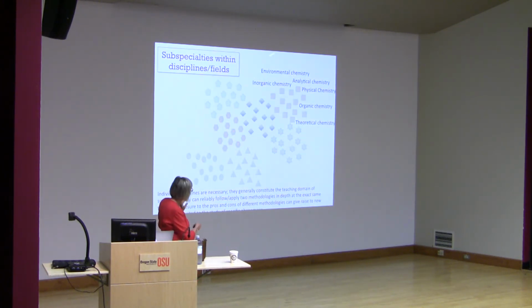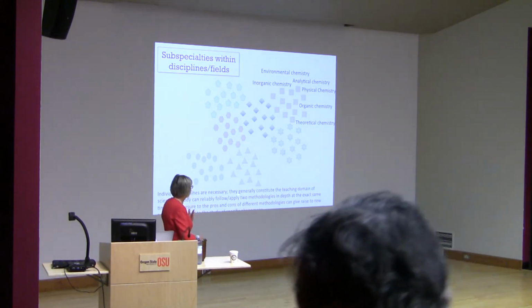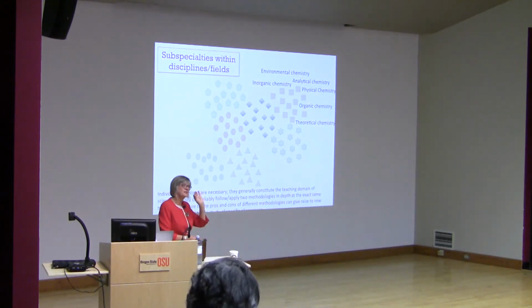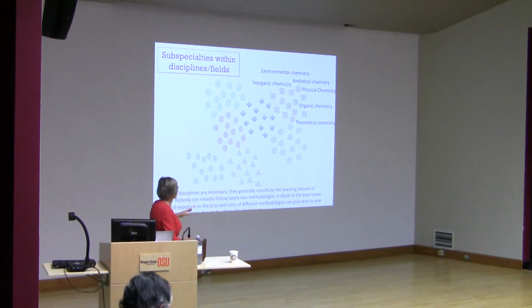And I've only done this here for chemistry, where we always have had analytical chemistry, organic chemistry, inorganic chemistry. And that's very different from those new disciplines or fields that emerge at the boundaries. And it is still really necessary to have traditional disciplines, because they really constitute the teaching domain of the sciences.